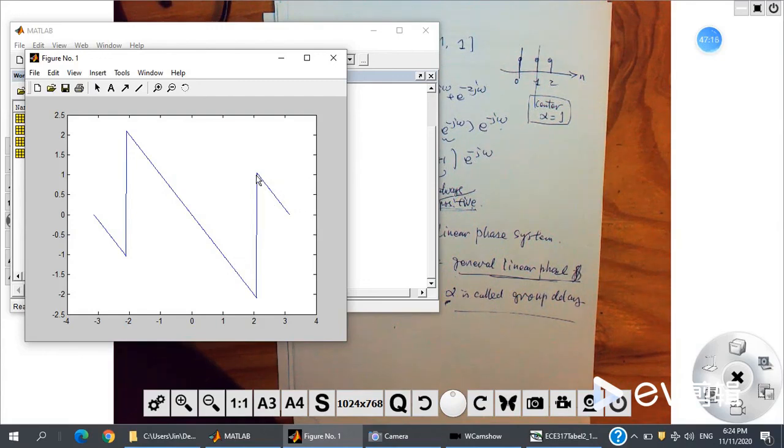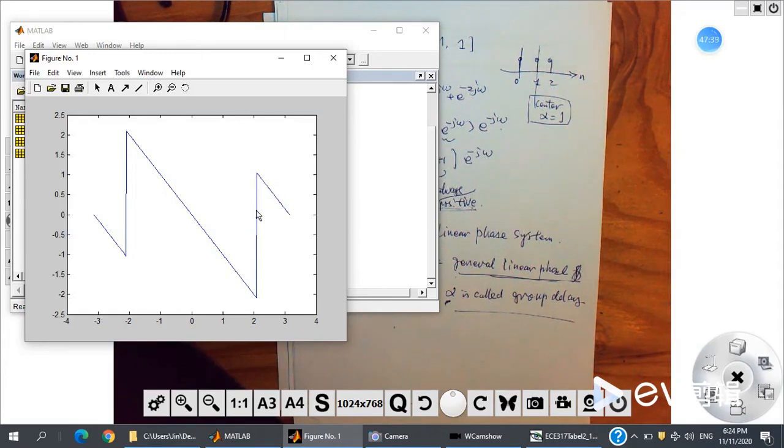This point is 1 point something, and this point is 2 point something. So the difference between these two points is not 2 pi. If the difference were 2 pi, then as an angle they are the same, as in our previous example, and these two lines you can think are the same line, connected.